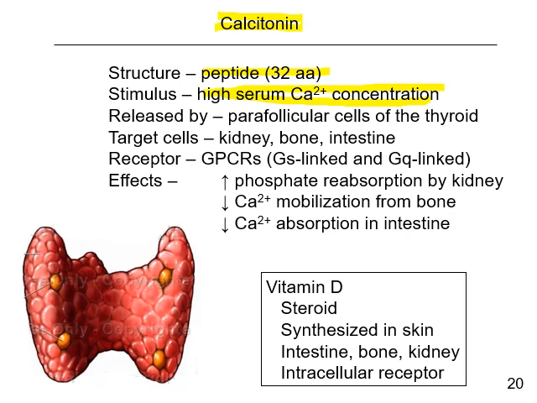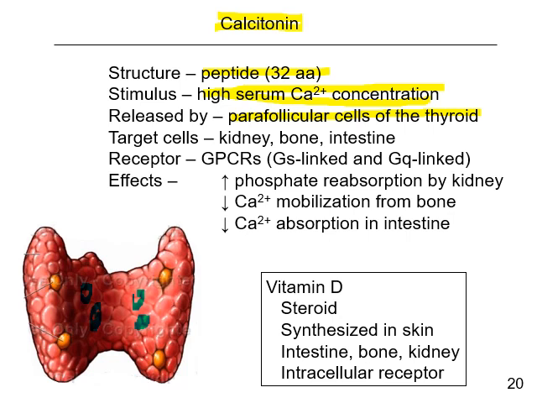No, it's not produced by the parathyroid cells. It's produced by parafollicular cells of the thyroid itself. So there are other cells in the thyroid, not follicle cells, but parafollicular cells that produce calcitonin.